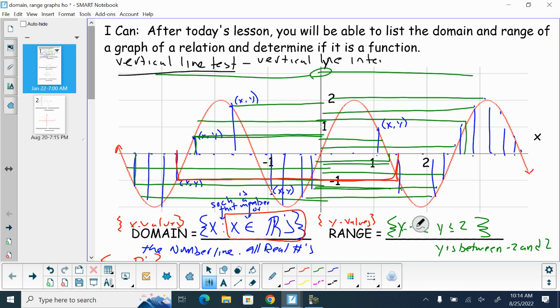If a vertical line intersects the graph at more than one point, it is not a function.